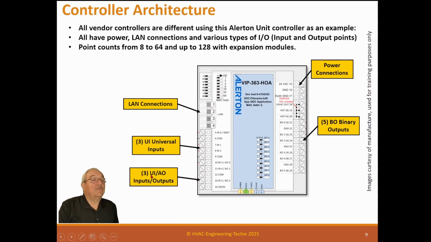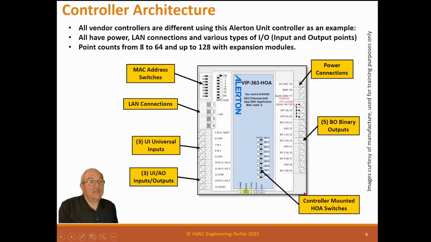So we can have 3 universal inputs and 3 universal outputs, analog outputs. This is a real small unit controller, and it would work for that. It's the MAC address again. This is the controller mounted. Here's the 24-volt power, and it has 20-volt DC power down at the bottom also.